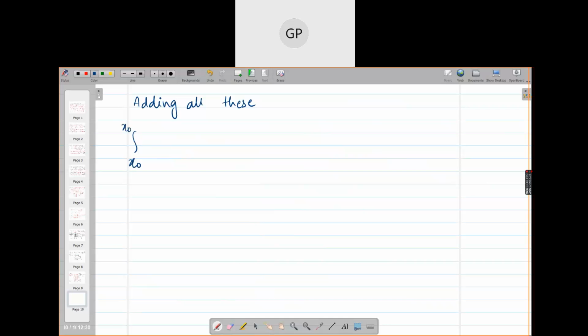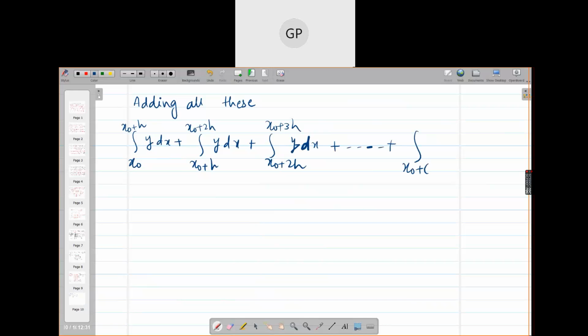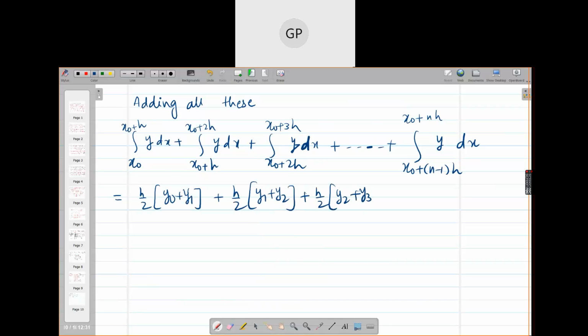So we started with integral x naught to x naught plus h y dx plus x naught plus h to x naught plus 2h y dx plus x naught plus 2h to x naught plus 3h y dx and so on up to x naught plus n minus 1 times h to x naught plus nh y dx is equal to h by 2 (y naught plus y1) plus h by 2 (y1 plus y2) plus h by 2 (y2 plus y3) plus so on up to h by 2 (yn minus 1 plus yn).